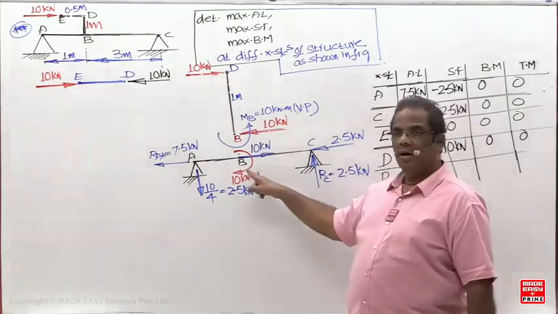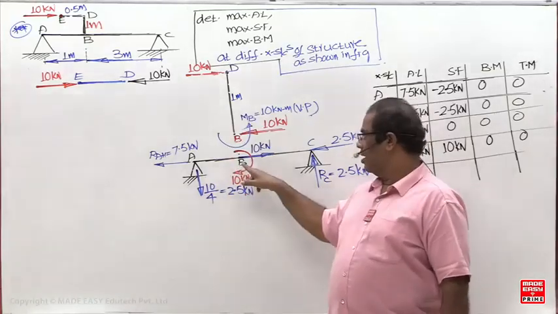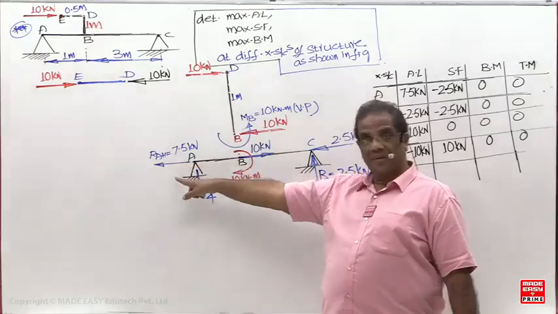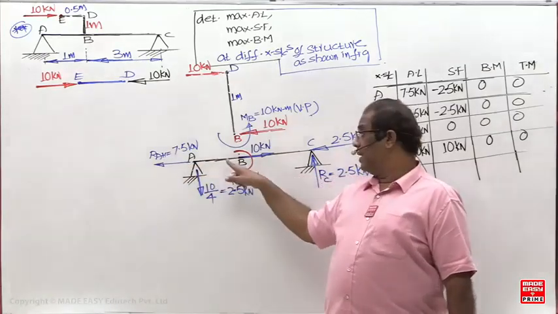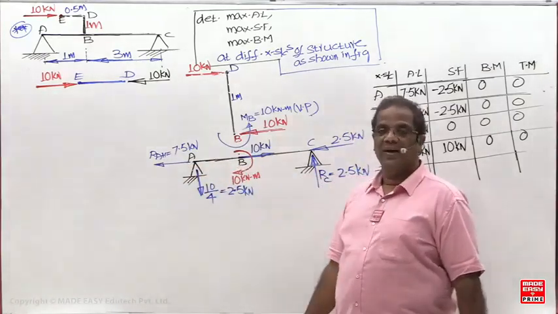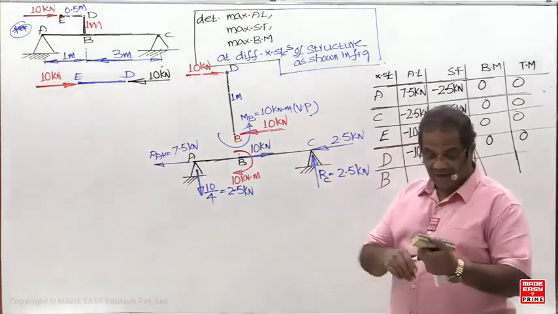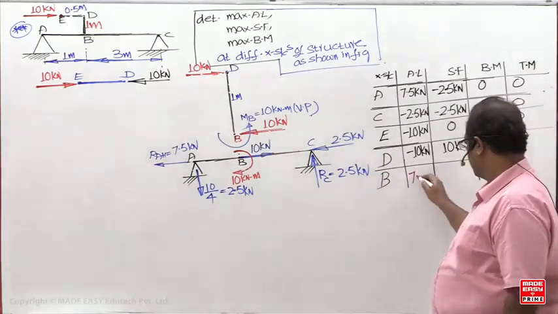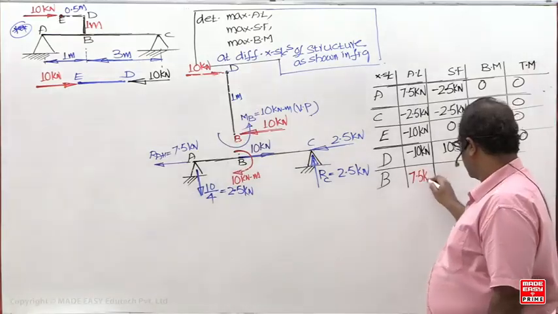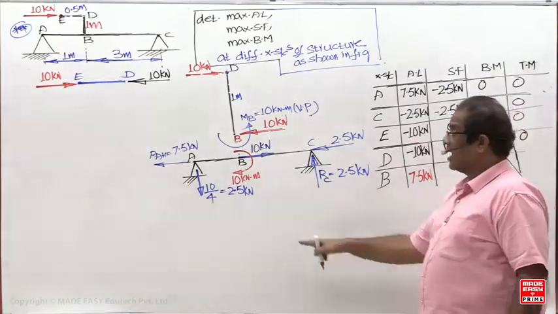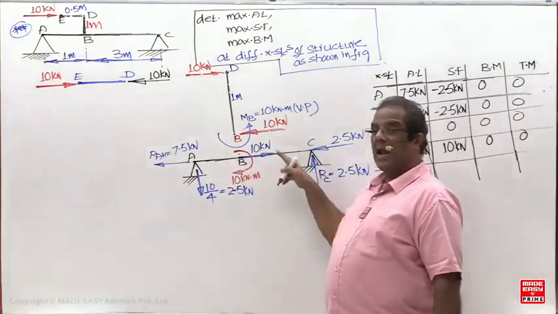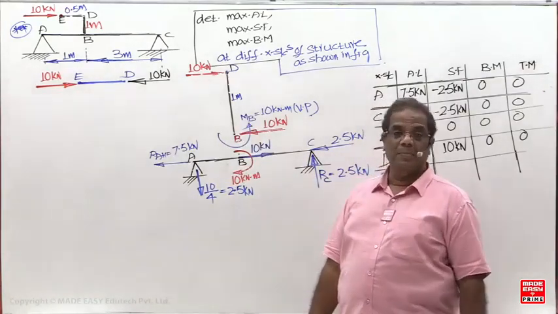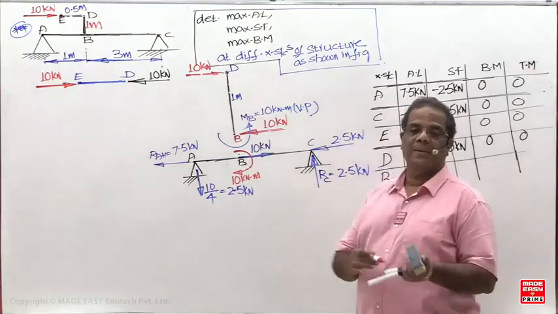So when B belongs to AB, you have to neglect it. When B belongs to AB, what is the axial load? 7.5. When B belongs to BC, minus 2.5. Here 0. So what is the larger value now? 7.5. Larger of axial load in AB, axial load in BC, axial load in BD. Because it is the junction of 3 members, therefore axial load is 7.5.